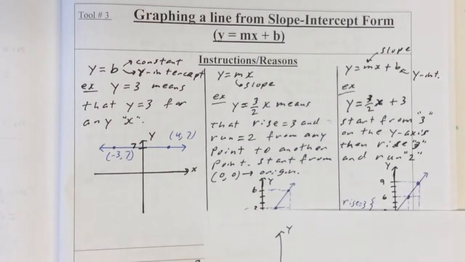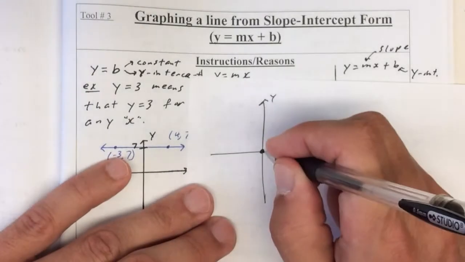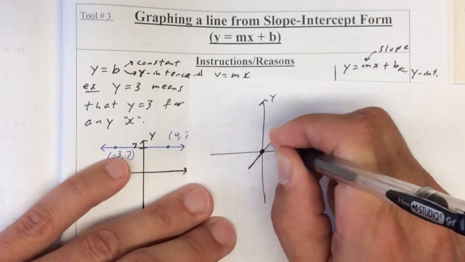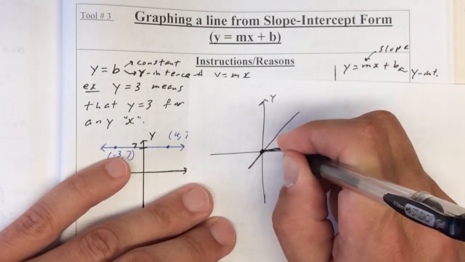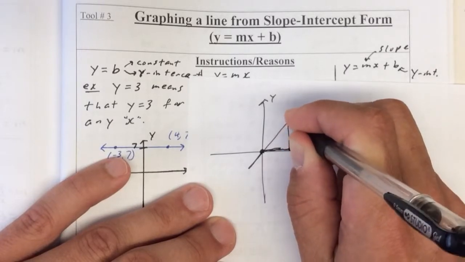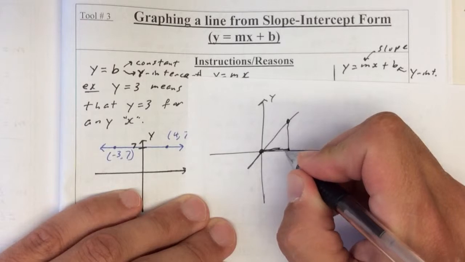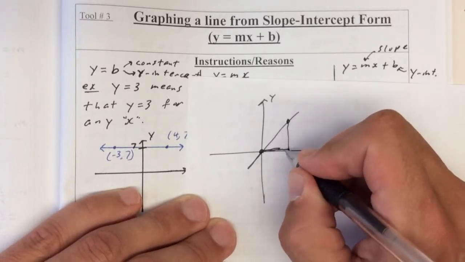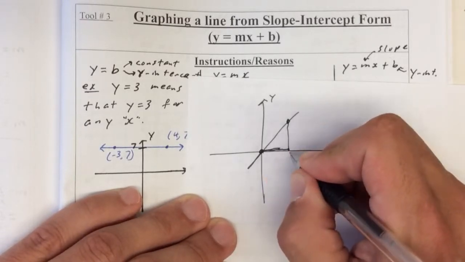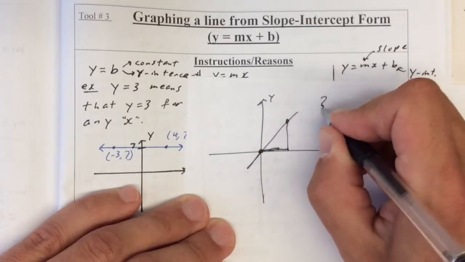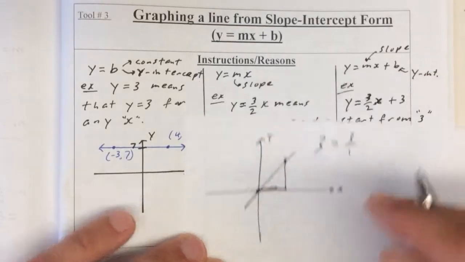Okay, y-axis, x-axis. And we're just dealing with the slope. So that just means that whatever the slope is, you take it from that point and you run and rise to get another point. If you know the slope is 3, then you run 1, rise 3, because 3 is the same as 3 over 1.